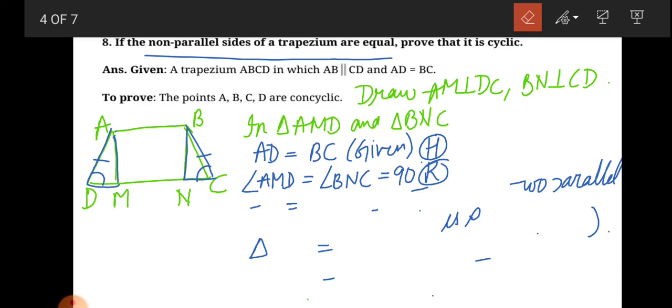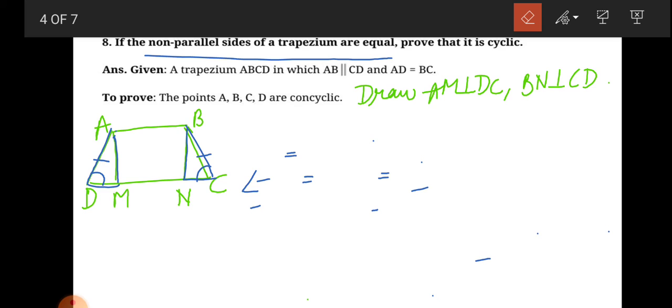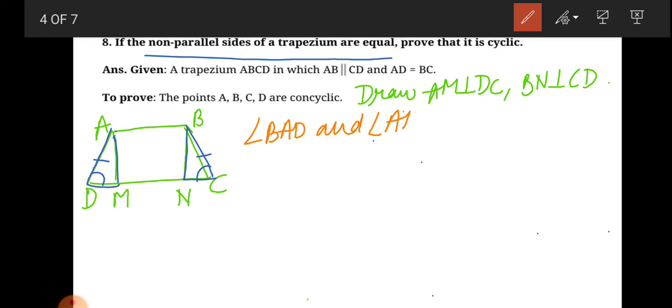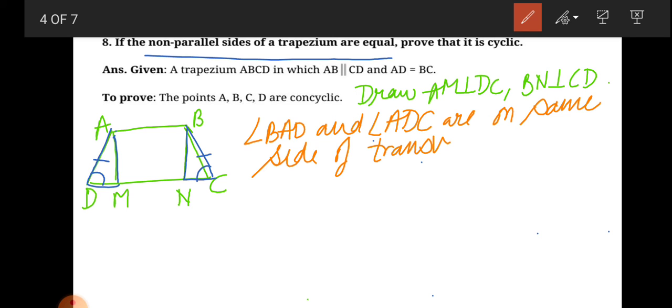Now angle BAD and angle ADC are on the same side of transversal AD.